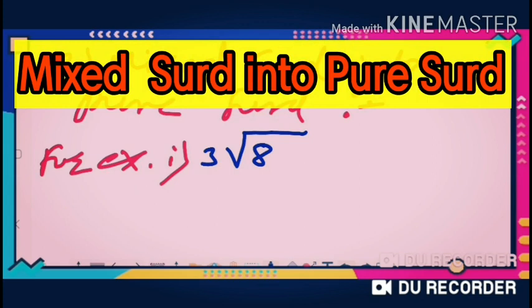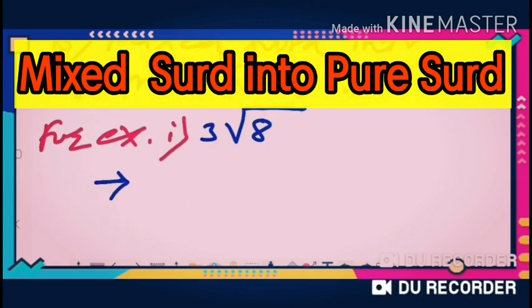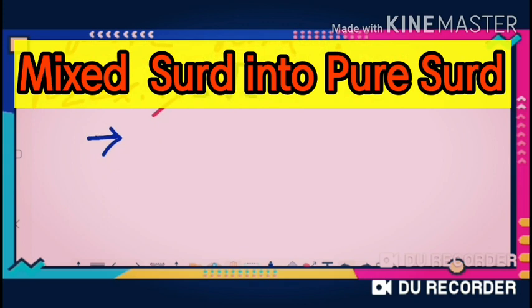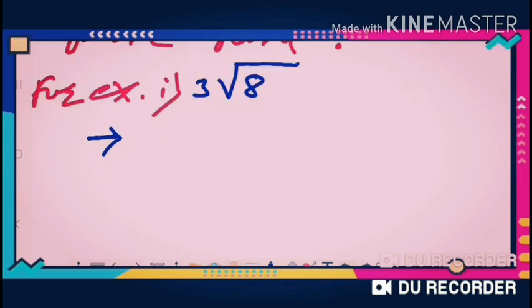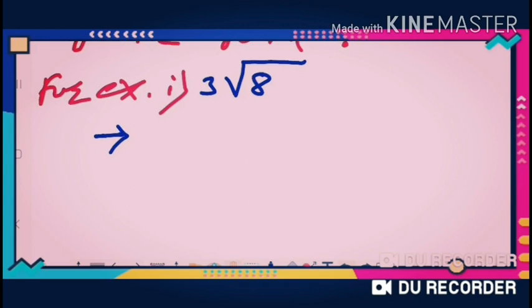For example, coefficient 3, order 2 in radical sign 8. Here order is 2, hence we write 3 is equal to square root of 9.